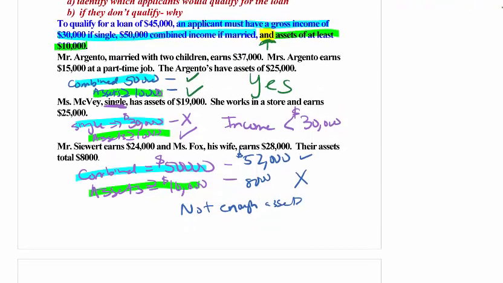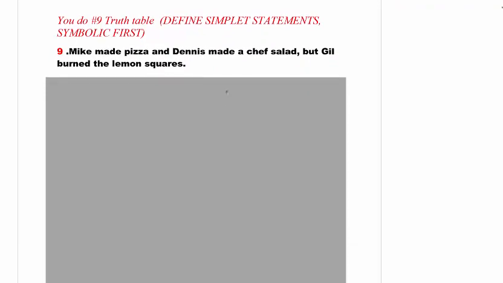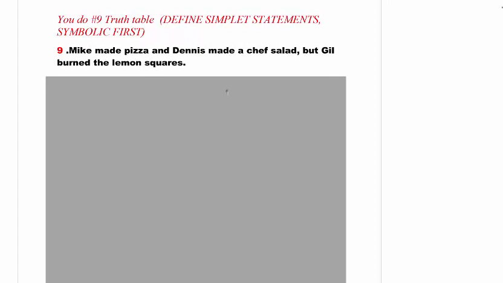So last one we're going to do, the first thing I would like you to do is take this statement and write it as a compound statement. I want you to write it in symbols. So I want you to do that right now. Pause it and write it out. We'll check that because I want to make sure that that's correct before you go to the truth table.